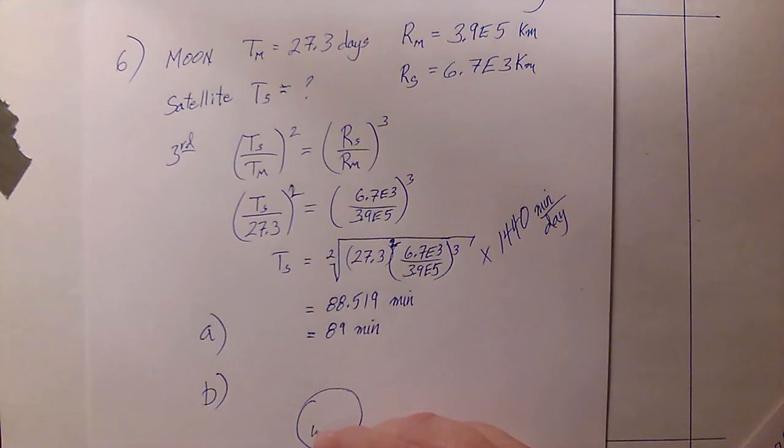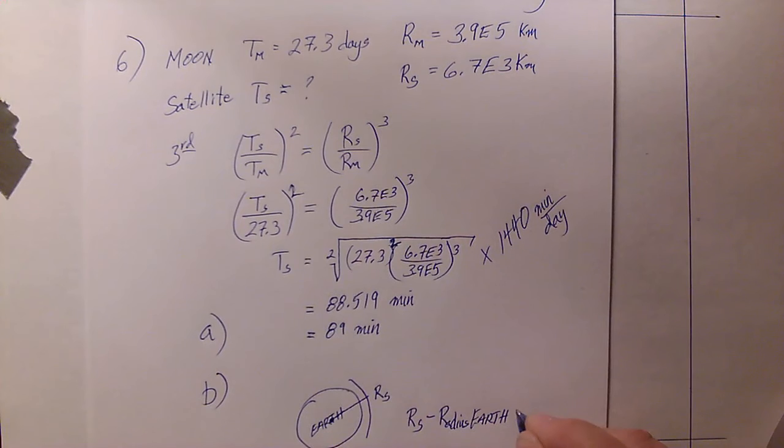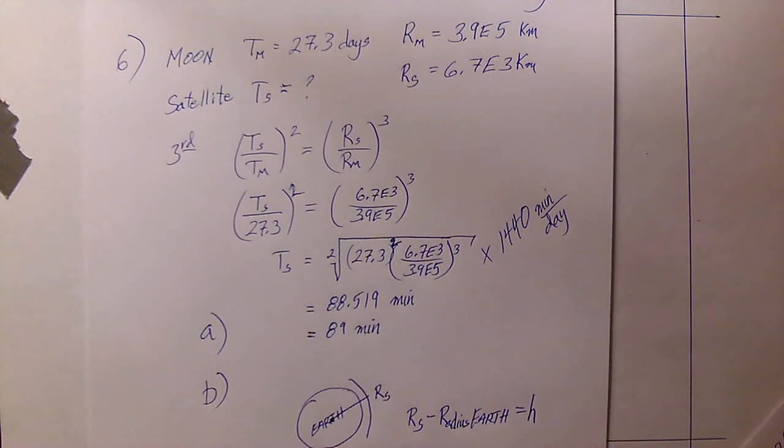Here's the Earth, and our satellite is orbiting above the Earth, and everything is measured from the center. So when I subtract RS minus the radius of the Earth, then I get the actual height above the Earth's surface.